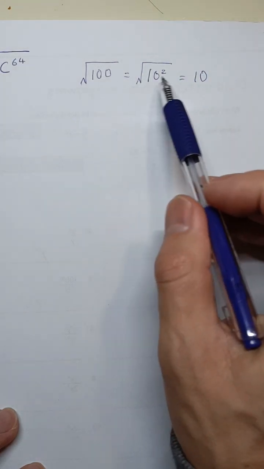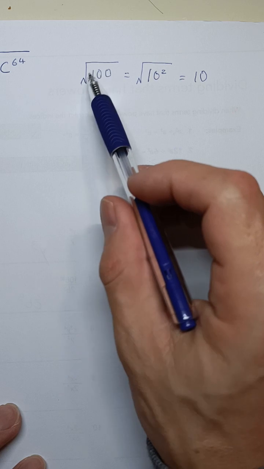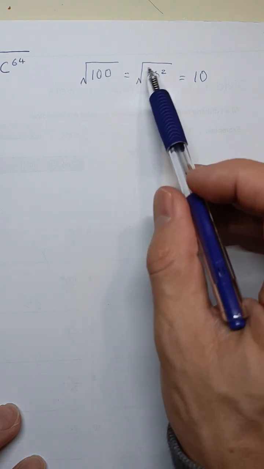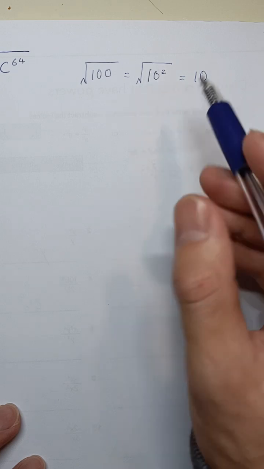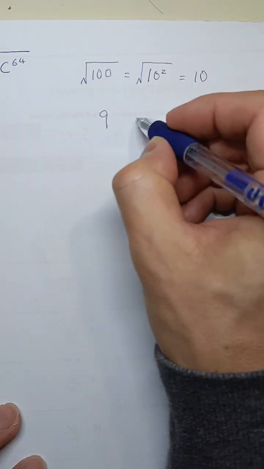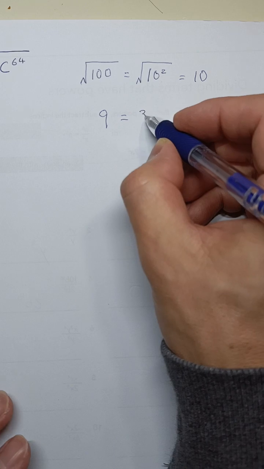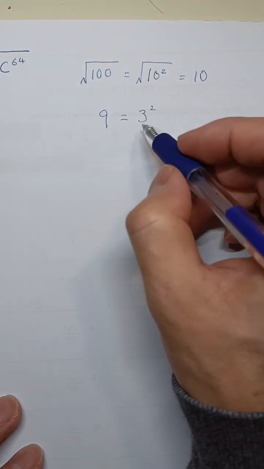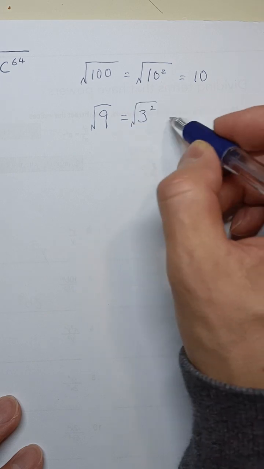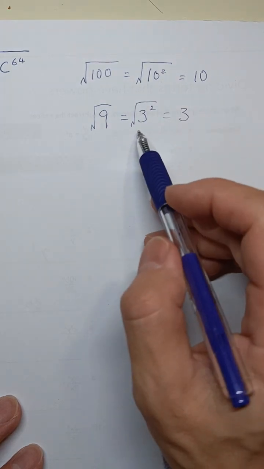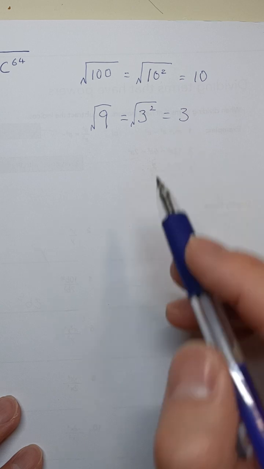So if you look at this one, square root means unsquaring the number which is inside. 9 is 3 squared, isn't it? So if you want to unsquare this one, you put square root so that you can unsquare this number, right?